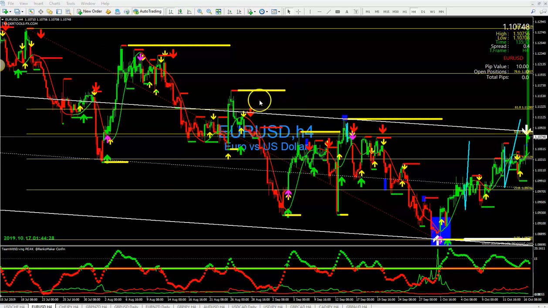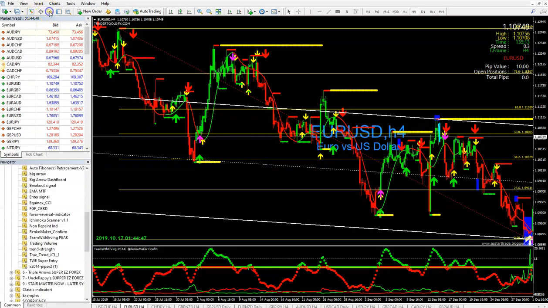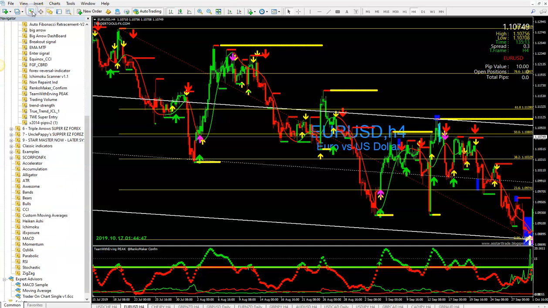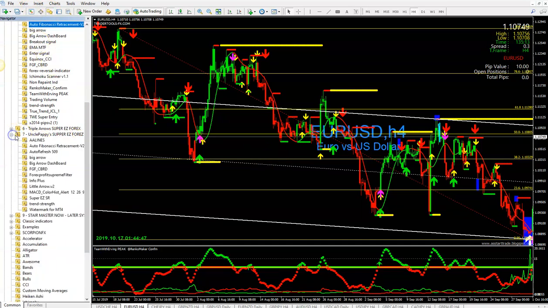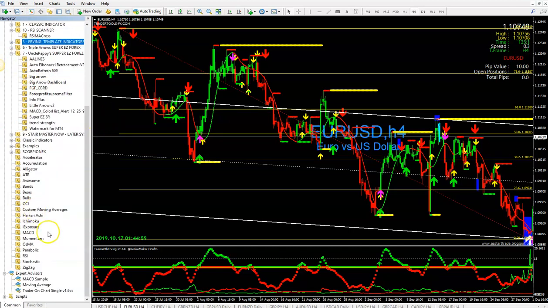All right, so now I think someone asked how do we add the dots? Pretty much, guys, if you go back to your Super Easy SR, all you've got to do is drag it to your chart, and where it asks you to change the 4 hours, all you have to do is change it to whatever time frame you want.